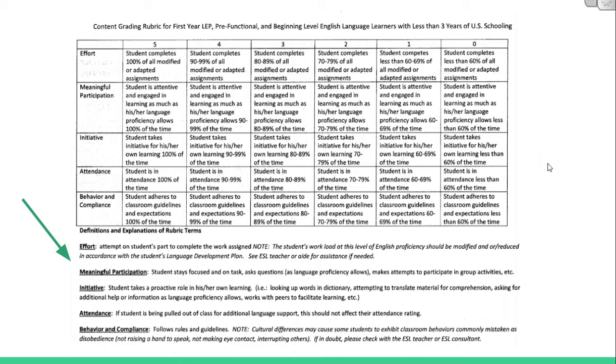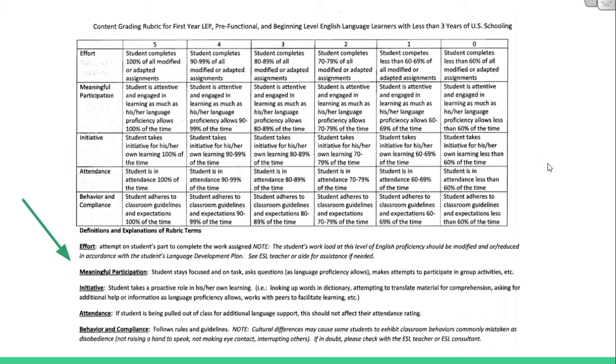This is what you would be looking at for a student who is either pre-functional in English language, they don't know anything yet, or at the beginning, okay? With, it says less than 3 years of schooling, but I would say less than 4. Now, some of you have used this rubric in the past in order to grade these students. The sections are effort, meaningful participation, initiative, attendance, and behavior and compliance.